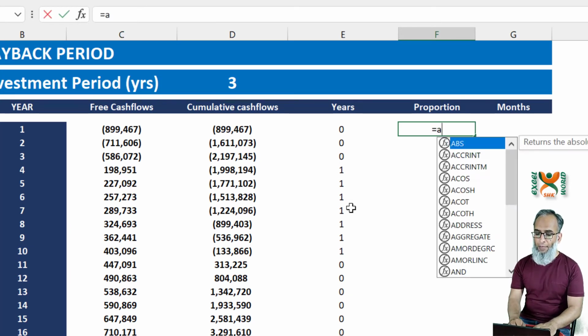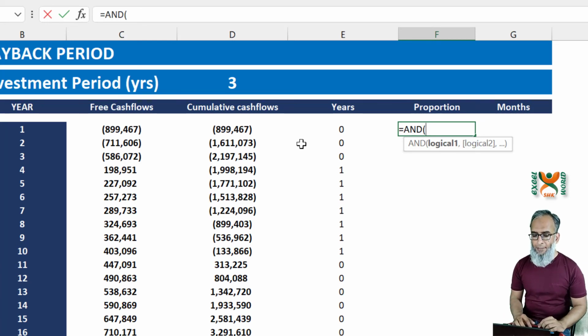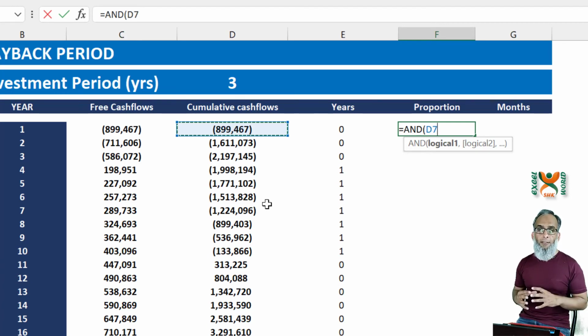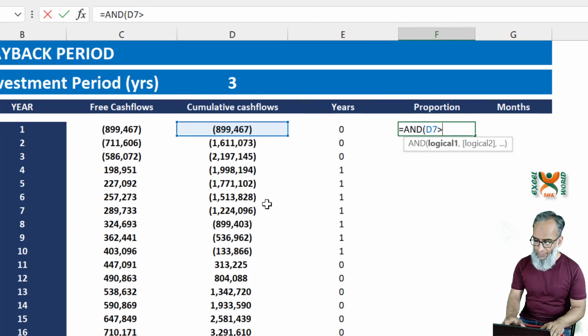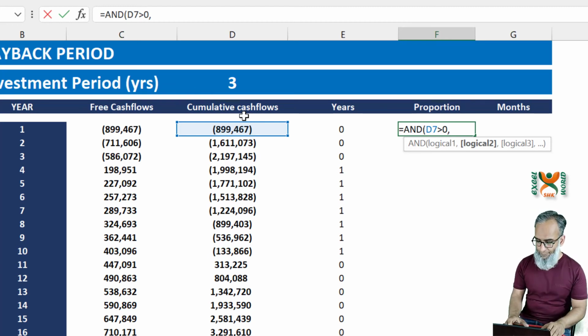For that we will have to write two logics, and we are going to use the AND formula, and check whether this current year's net cumulative cash flow is positive or not. If it is greater than 0, but the previous year's cumulative cash flow is negative, is less than 0.